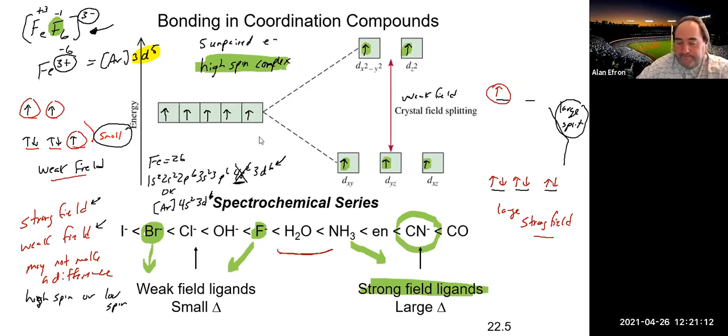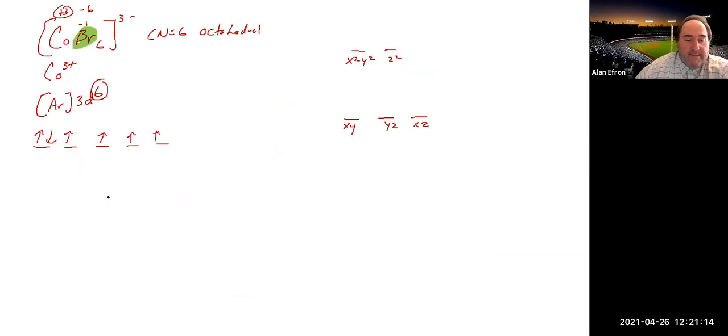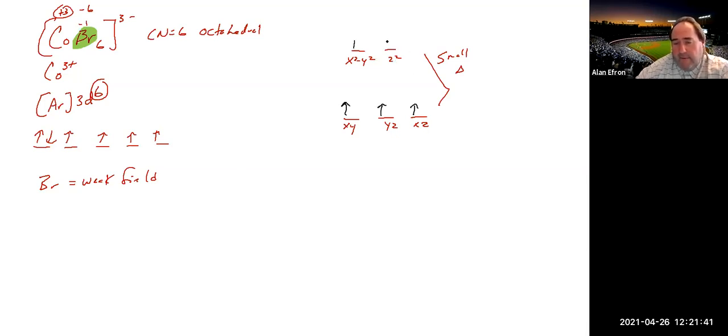That means that the Br is going to be weak field, and that means that the separation here is going to be small. So how that affects our distribution of those same 6 electrons that we just dealt with in the other complex ion is it will go 1, 2, 3, and decide that's not too bad. 4, 5, and then 6.